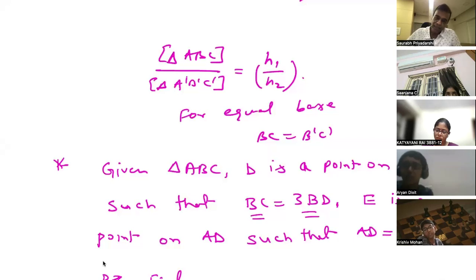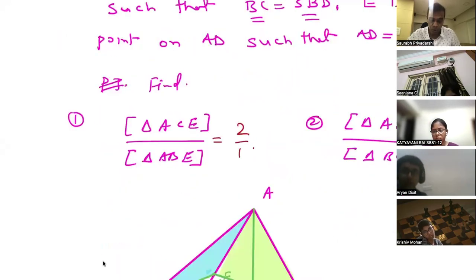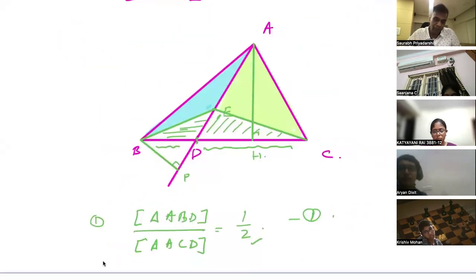But heights are same, so I can say, because see, what is the area? Half into base into height, right? So if heights are same, then heights will be cancelling out, or half cancelling out. So this is directly proportional to the bases, or this is directly proportional to the area. So what we are trying every time is to make the figure in that way so we'll get the same height.